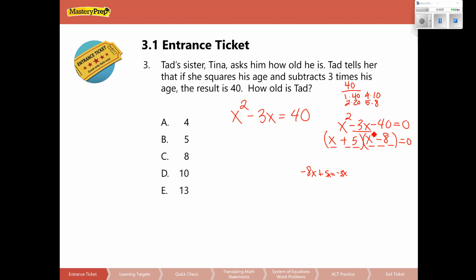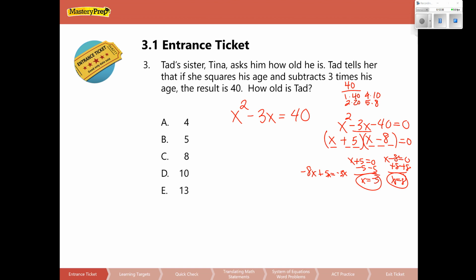What did we want? So that works. So we can say x plus 5 is 0, x minus 8 is 0. So x is negative 5, or x is equal to 8. Well, his age can't be negative 5, so it has to be 8.